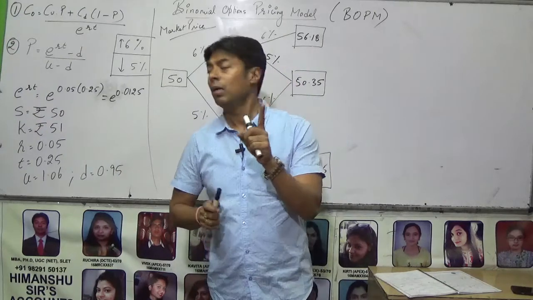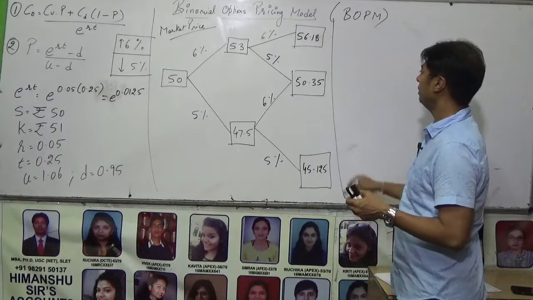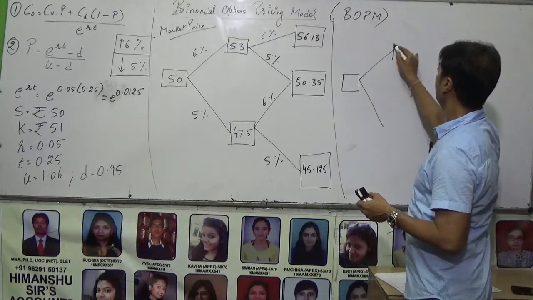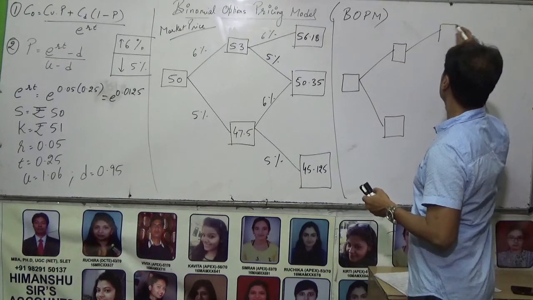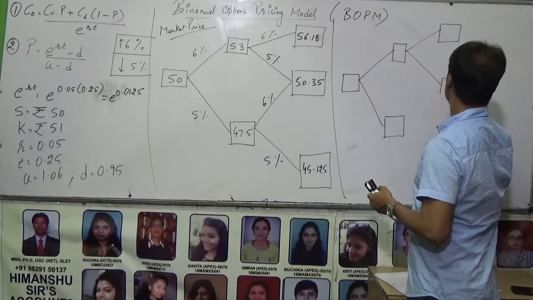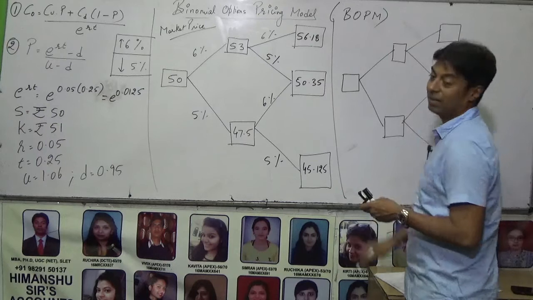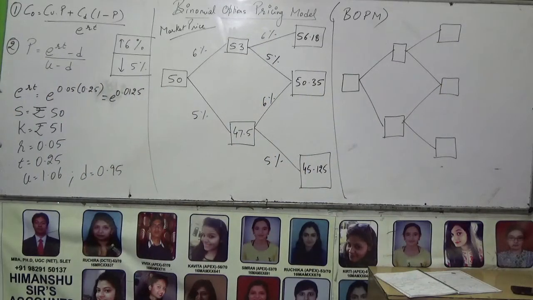Now remember, for call option, again we will have to construct a diagram and go by the same concept of two stage, first stage and then second stage, right? So we have to construct the diagram for market price or spot price in the beginning, then only we can find out the value of the call option.